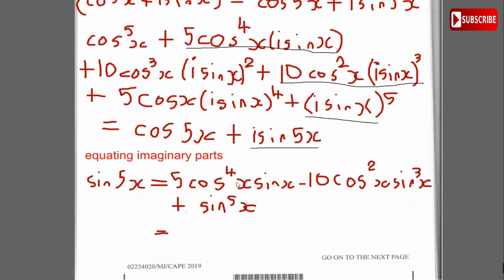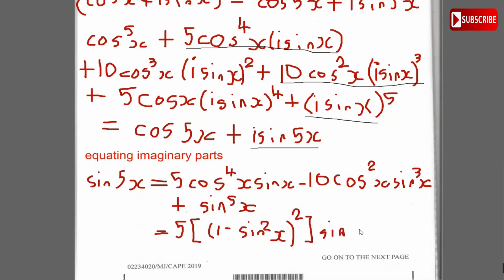Now, cos to the 4th power is cos squared squared, but cos squared is 1 minus sine squared. So we're going to rewrite this as 5 times 1 minus sine squared x, and this is being squared, and then that is multiplied by sine x.